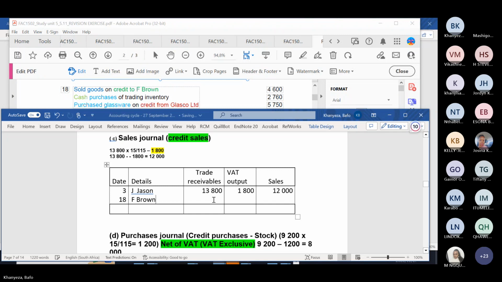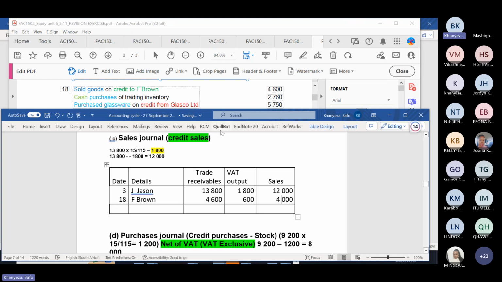F Brown is our debtor at 4,600. We split that VAT. We've shown how to calculate VAT before, so we won't be doing that every time, otherwise we won't finish. So the net of VAT is going to be 4,000.